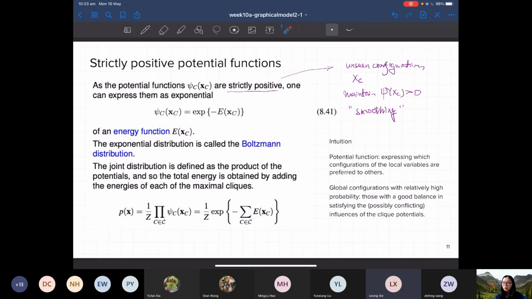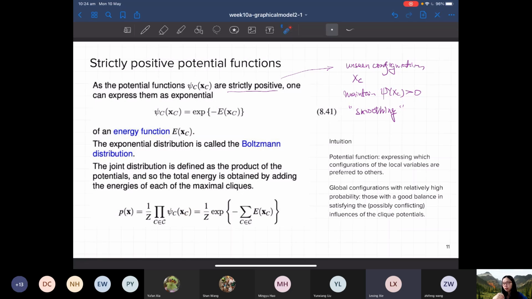Another intuition that these expressions allow us is that they express which configurations of the local cliques are preferred to others. So although the absolute value of phi can be anything, the relative values of phi for different values of x_c are important, right?